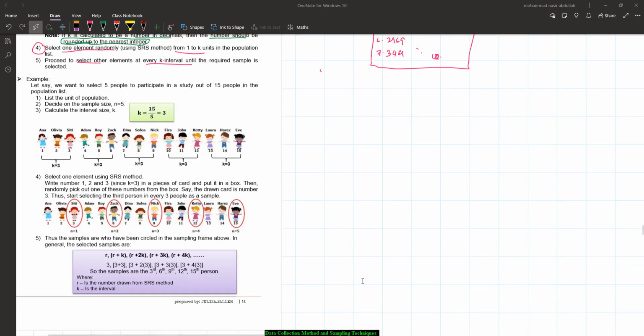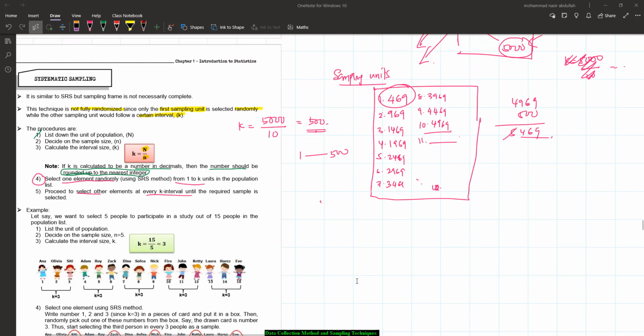Right. Any question about systematic sampling techniques? Before we proceed to the next sampling technique. My objective is I want to finish this chapter by today. Any questions?